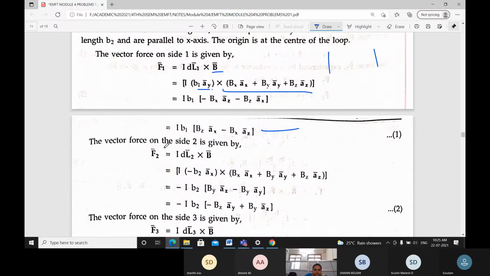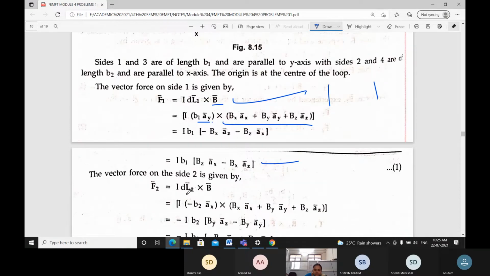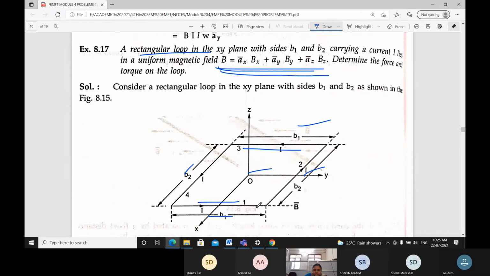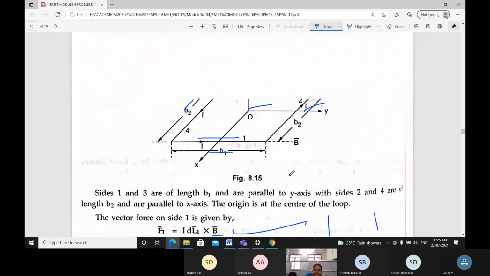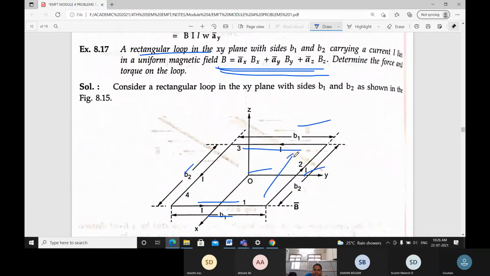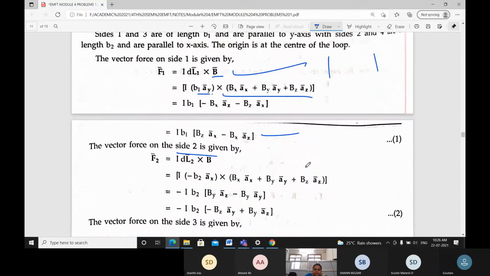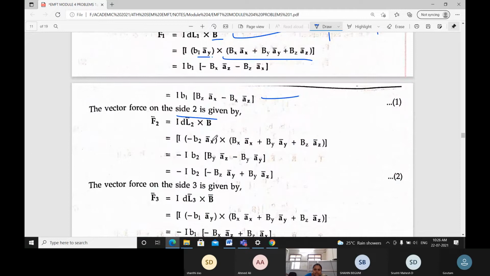Then the vector force on side 2 is given in the same way as we took previously. Side 2 is I into dL2 cross B. Here dL2 is in this direction, so it is minus B2 ax, since it is parallel to ax, into B as it is.